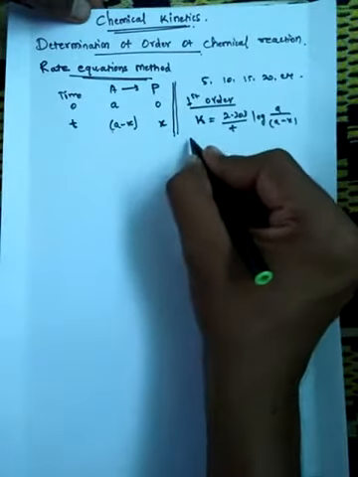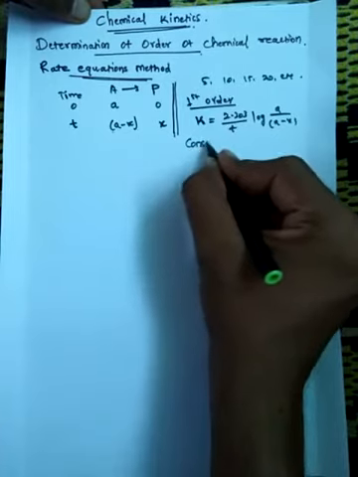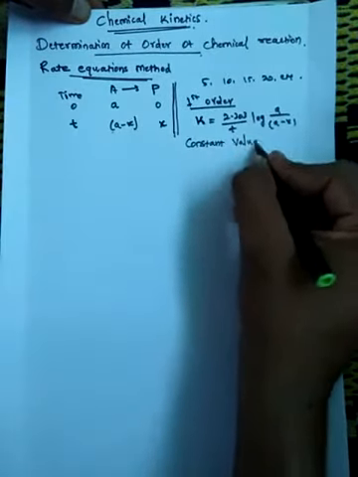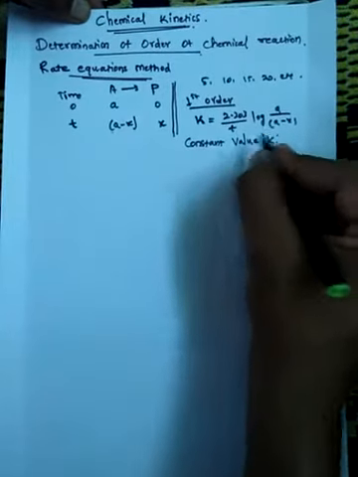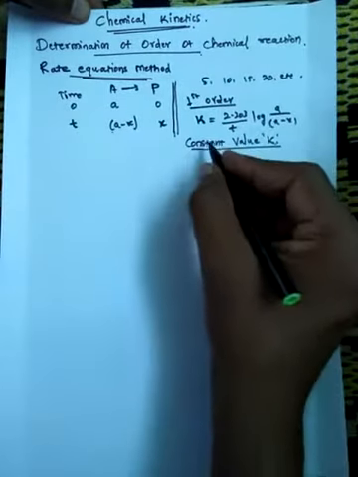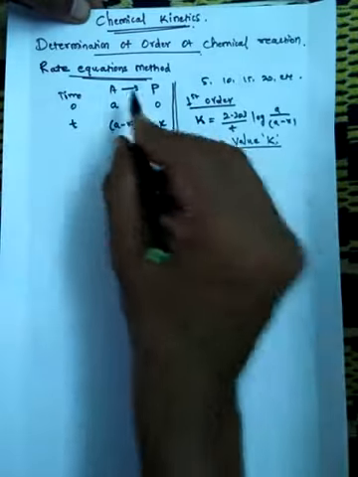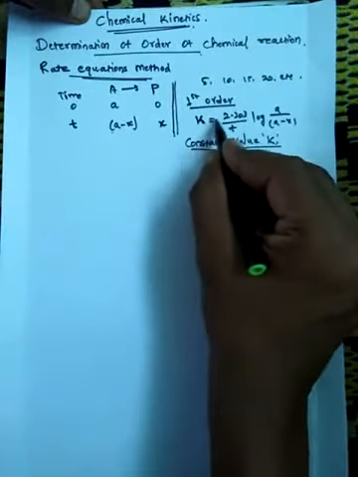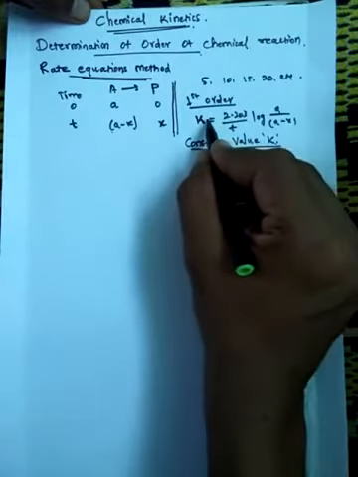If I get constant value of k, then I'll conclude that this reaction belongs to first order reaction, because I used first order integrated form of rate equation.